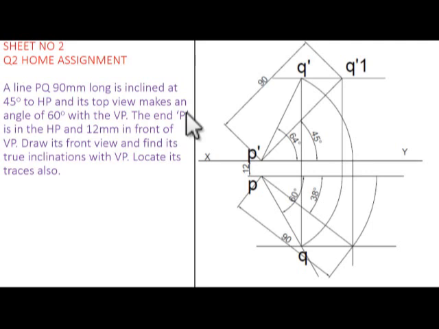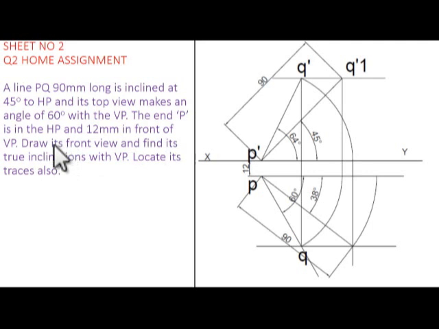So we can mark P prime, the location of its elevation, and P, the location of its plan. We have this much information, so let's do it one by one and try to solve this problem.